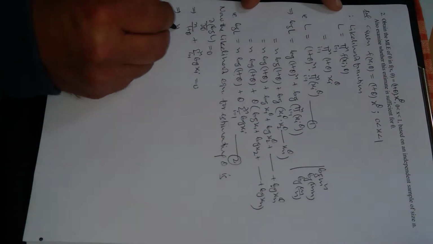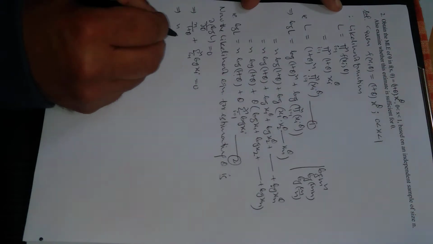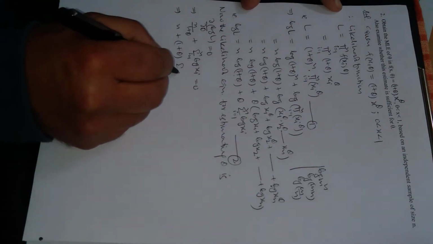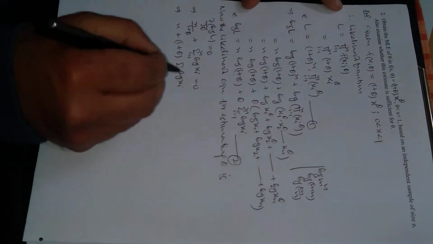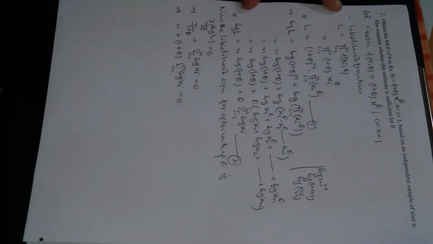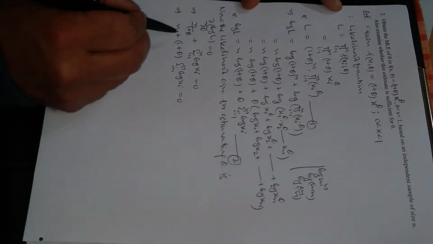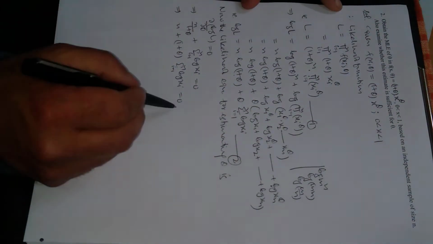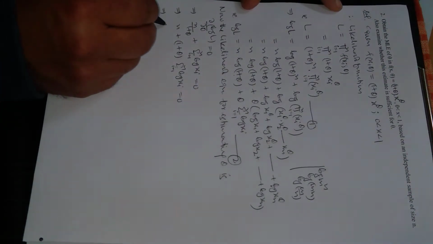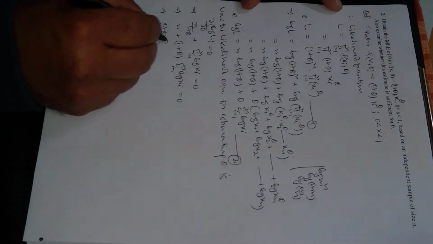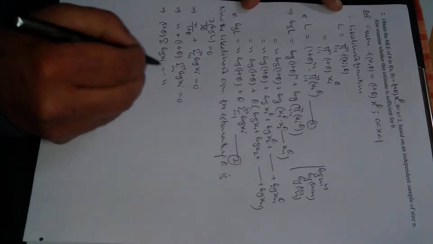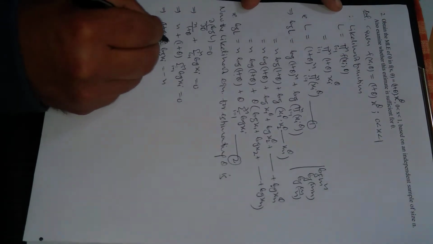This further implies, after taking LCM, n plus (1 plus theta) times the summation of log x i, with i varying from 1 to n, equal to 0, and the factor 1 plus theta in the denominator, due to cross multiplication, goes to the right hand side, which is 0. So (1 plus theta) times the summation of log x i is equal to minus n, with i varying from 1 to n.